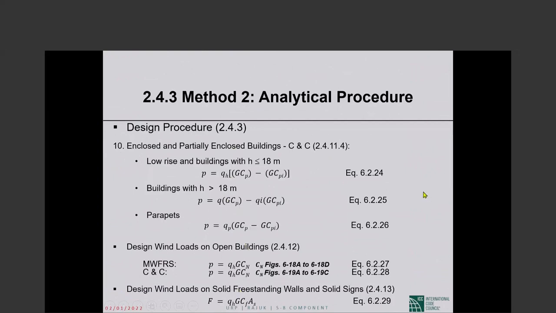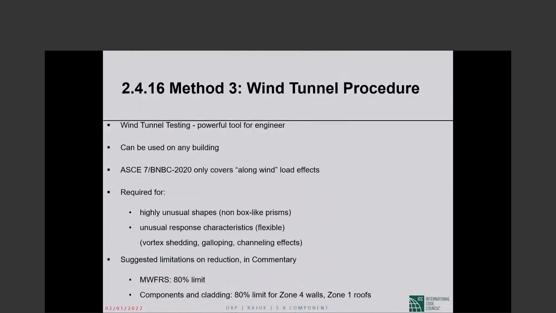It's a level of detail that I even hesitated about including, but then I thought that it would be good for you to have it all in one place. So this is the only reason that I included this. So I think time will be better spent if I take 5 to 10 minutes, no more, on this wind tunnel procedure, which is method 3.